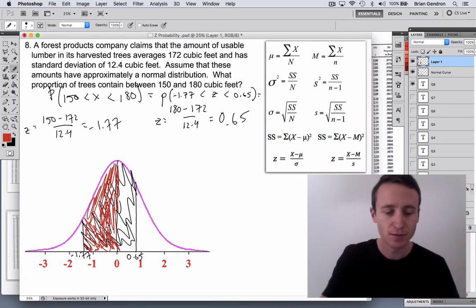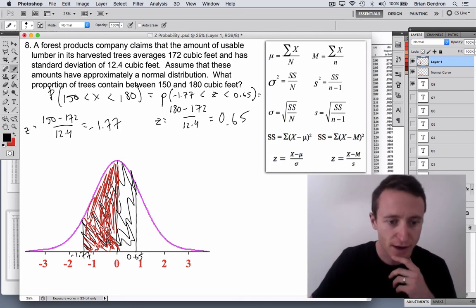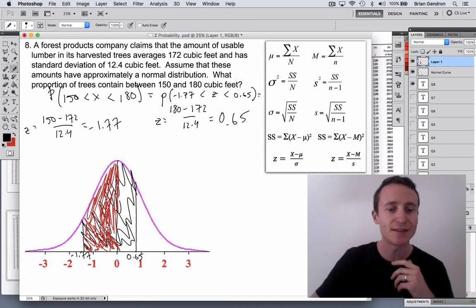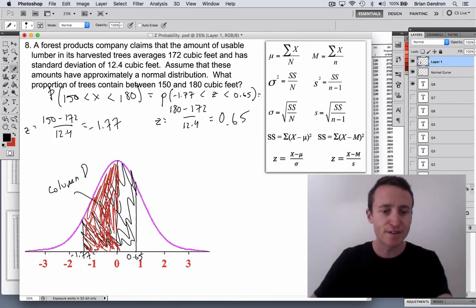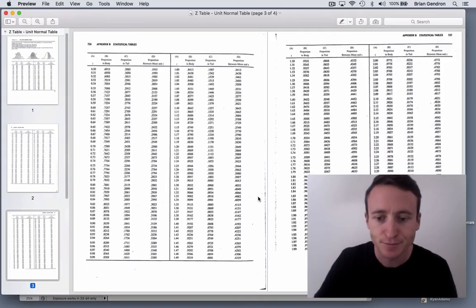Okay, so let's go ahead and do that. This first one, between negative 1.77 and the mean, we need to look at column D. So let's go ahead and find 1.77 on the table and look at column D.